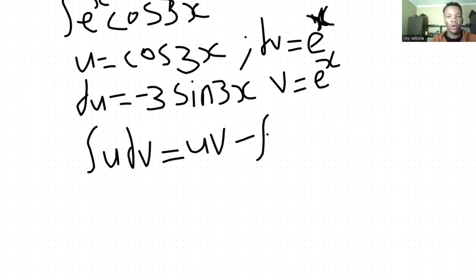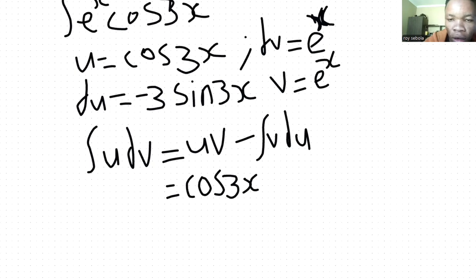So our u is cos 3x times v, e to the x, minus the integral of e to the x times negative 3 sine 3x.